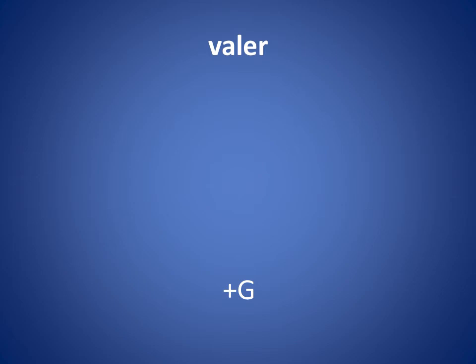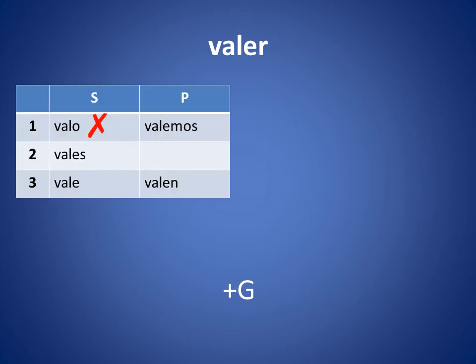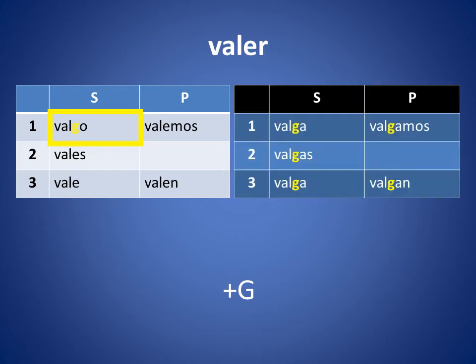Okay, so hopefully you caught that the first person singular form of the simple present indicative is not yo valo, but rather valgo, yo valgo, right? So we inserted the G in between the stem and the ending. We're going to use that stem as our basis for the simple present subjunctive.